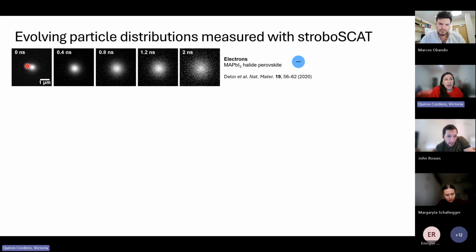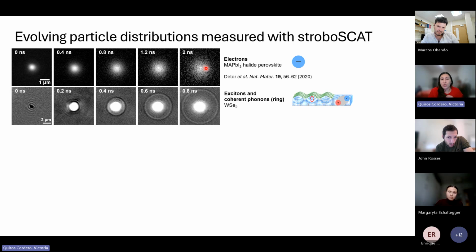What happens is that we create a population of electrons, and then we see them expand in time like that droplet of ink, and that's kind of what we track. But I mentioned in the introduction that in these semiconductors that we study, there are multiple different quasi-particles that we're interested in. So here I'm going to show you some data on other quasi-particles.